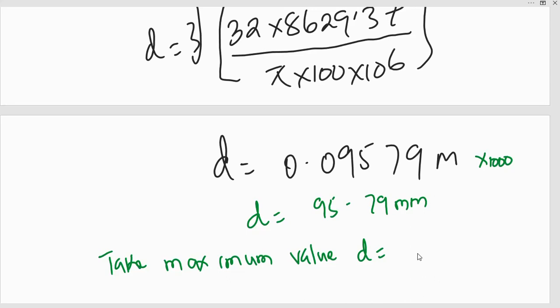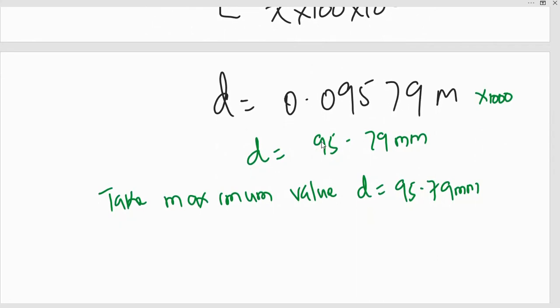It will withstand the failure in shear and the failure in tension. So it will be 95.79 millimeters. I go to the table and look for the standard value close to this, and maybe it can be D equal to 100. So I take a 100 millimeter diameter and use it in my design.